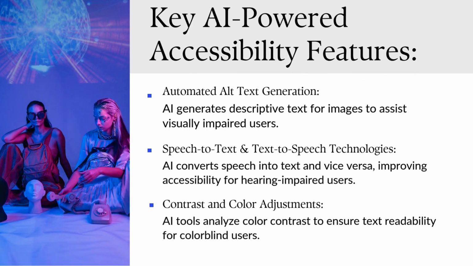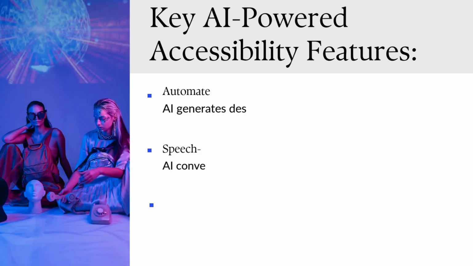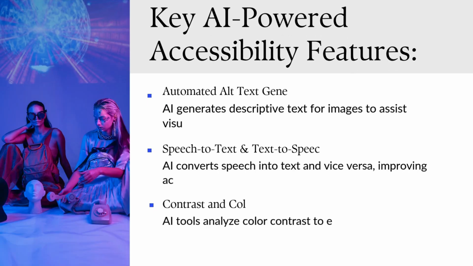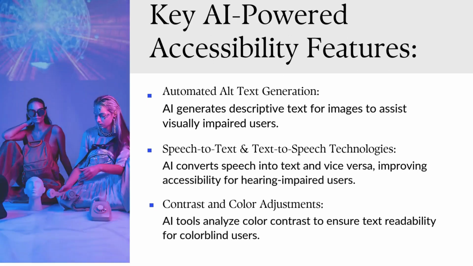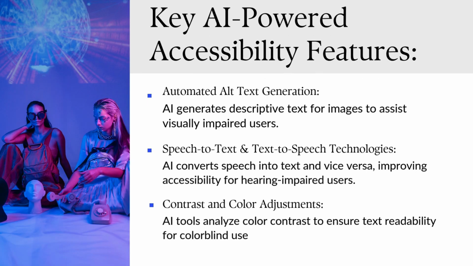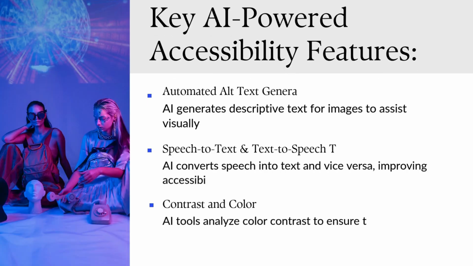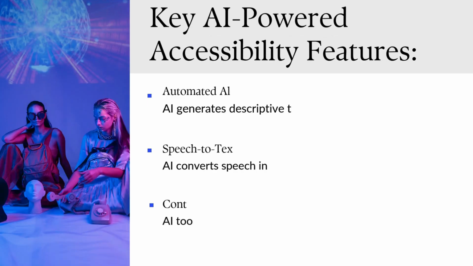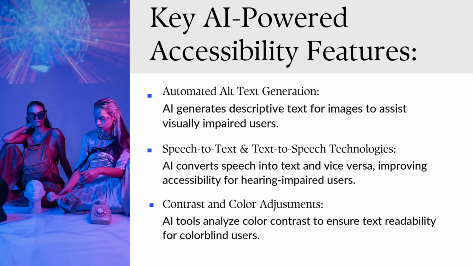Next on our list, we have what we call the speech-to-text and the text-to-speech technologies. With this, AI converts speech into text and also text into speech, thereby improving accessibility for hearing impaired users.